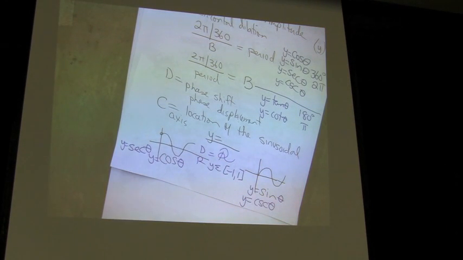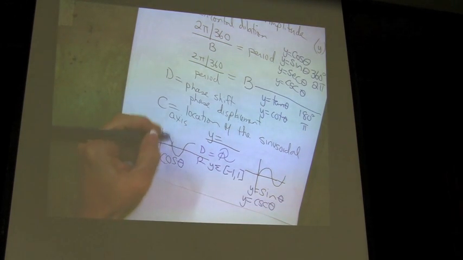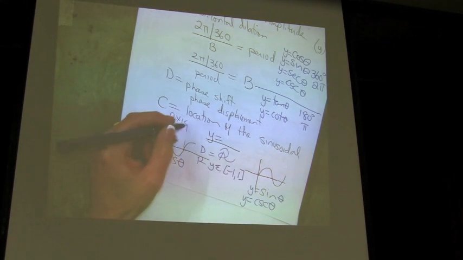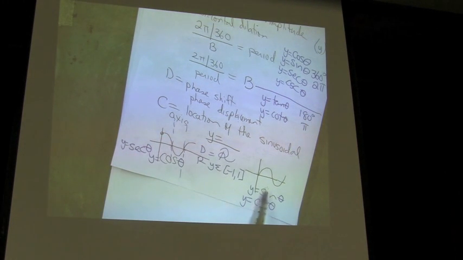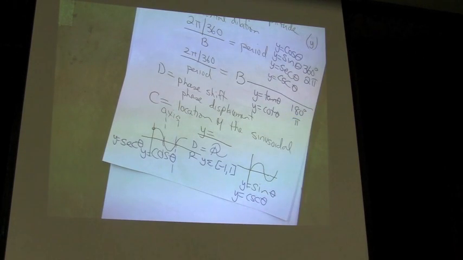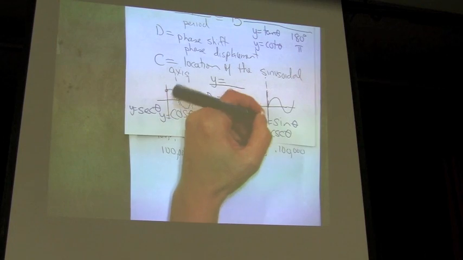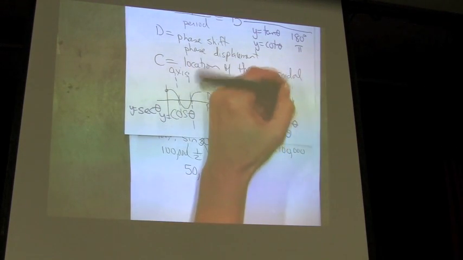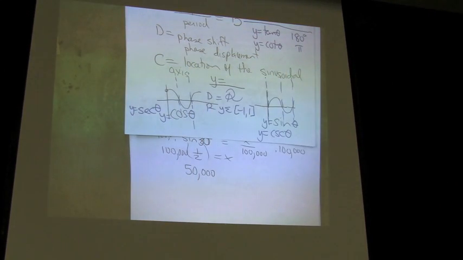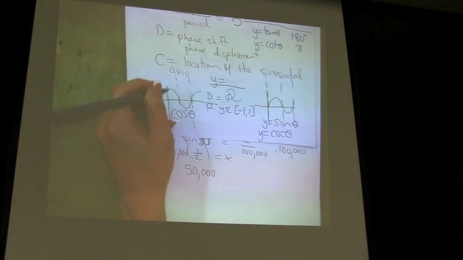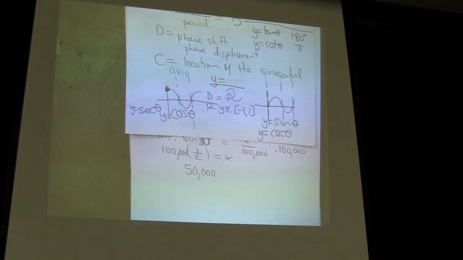And then we use the graph of cosine to graph secant. Anywhere cosine is 0, secant is undefined, and therefore there are asymptotes there. Wherever sine is 0, cosecant is undefined.